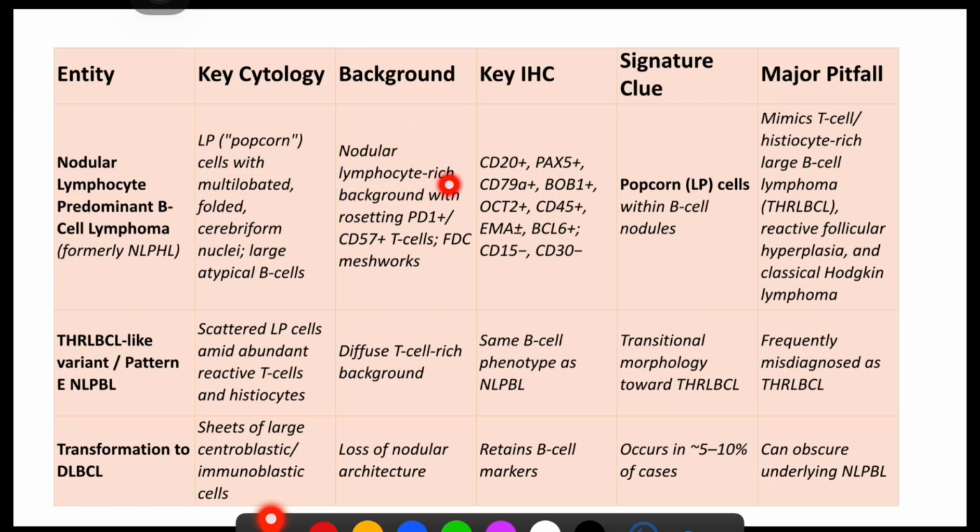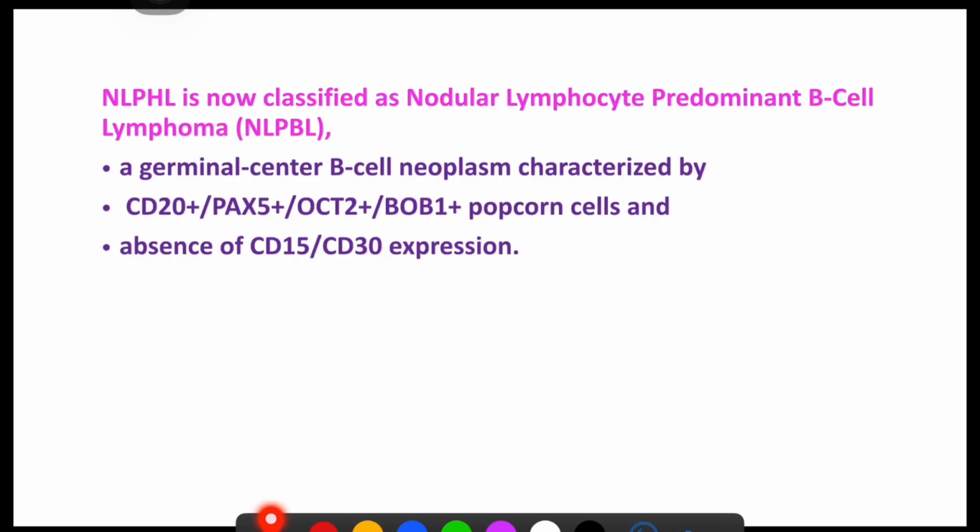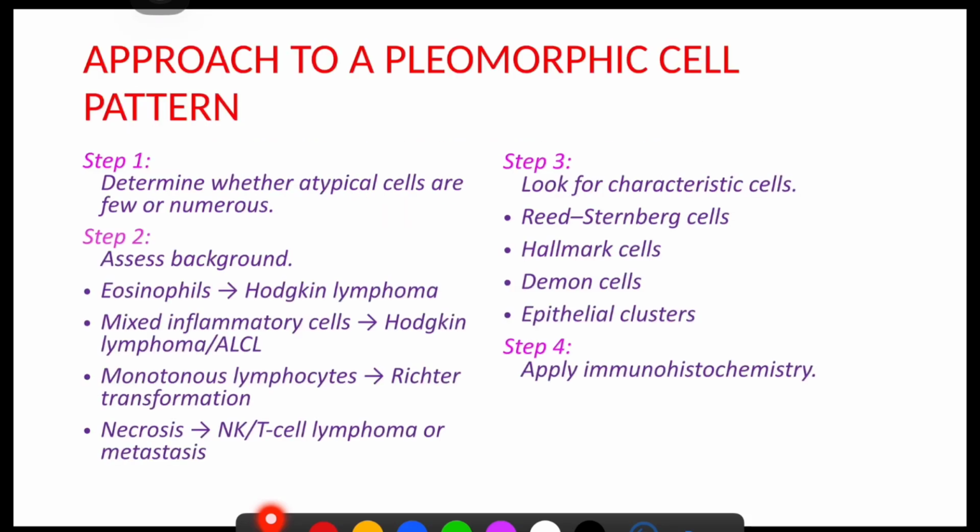The background shows lymphocyte-rich background with PD1 positive, CD57 positive T cells, and a follicular dendritic cell meshwork, and the signature clue is popcorn cells. So if we want to remember NLPHL or NLPBL in one line, it is a germinal center B cell neoplasm characterized by CD20 positive, PAX5 positive, OCT2 and BOB1 positive popcorn cells, and absence of CD15 and CD30 expression.